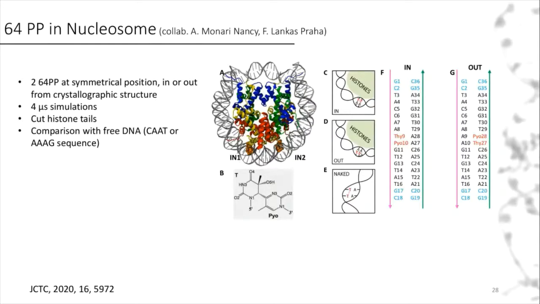We use the experimental crystallographic structure where the tails are cut just because they are too flexible to be seen in the crystallographic structure. We have 4 microseconds for our simulations, and we can compare them with the free DNA with exactly the same sequence.